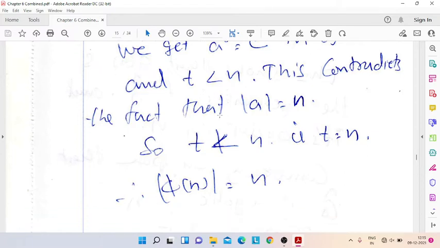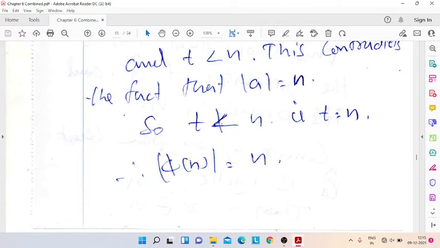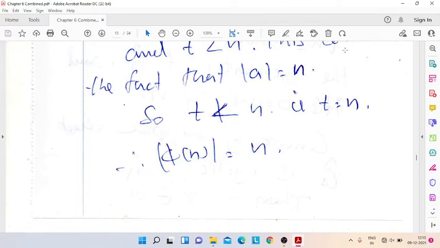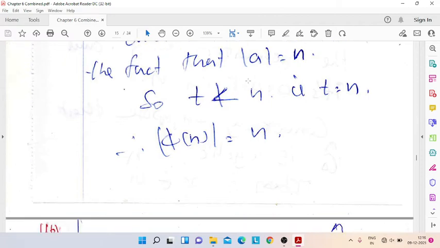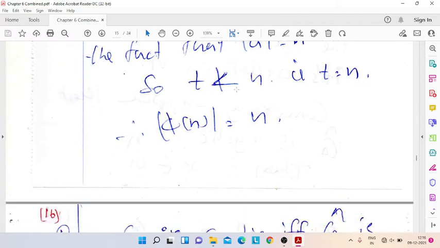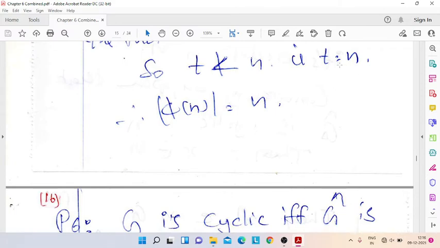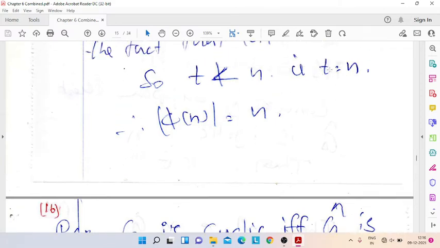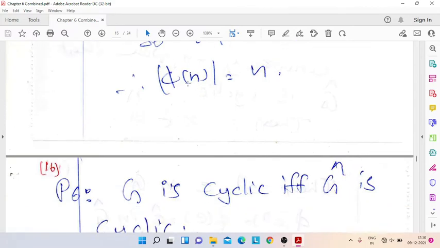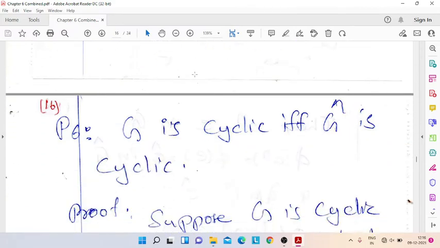That implies the order of a is some number less than n, which is a contradiction, because n is the order of the element a according to our assumption. Therefore t cannot be less than n, so t must be equal to n. Therefore the order of phi of a equals n.